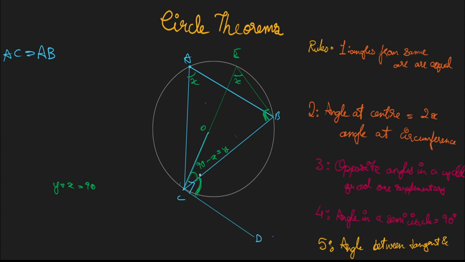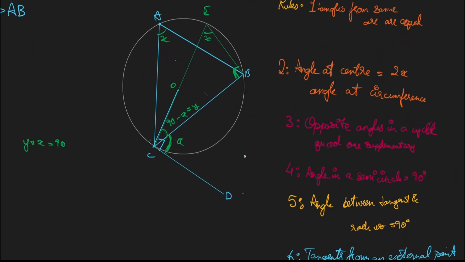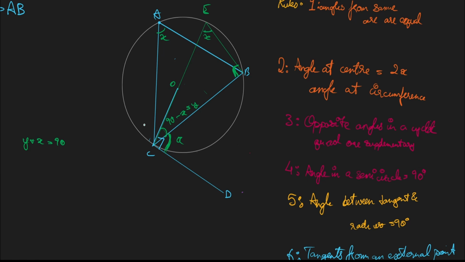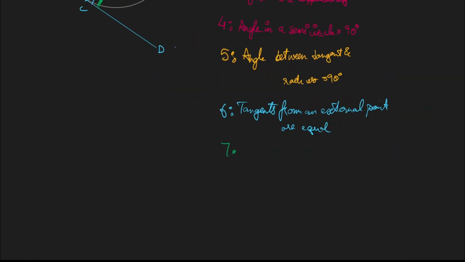So if Y is 90 minus whatever this is, and we know that this is X, and Y is also equal to 90 minus X, then this is X, and therefore we proved that the angle opposite to the angle formed by the tangent, or the angle in the alternate segment, is equal. So angle in the alternate segment is equal.